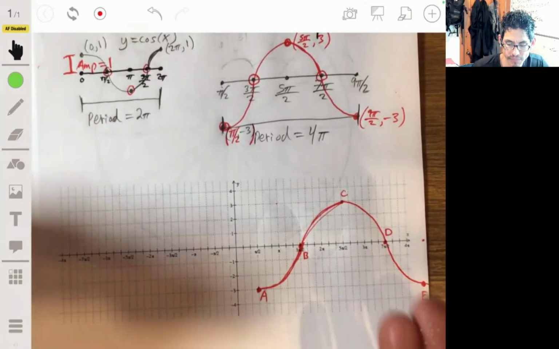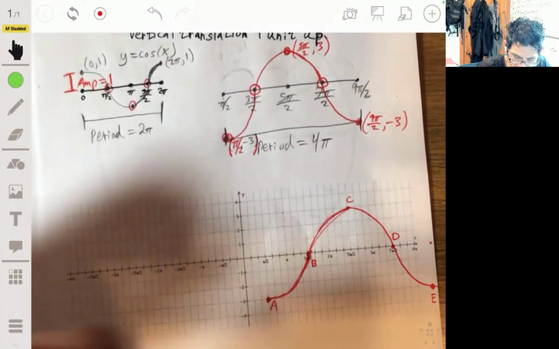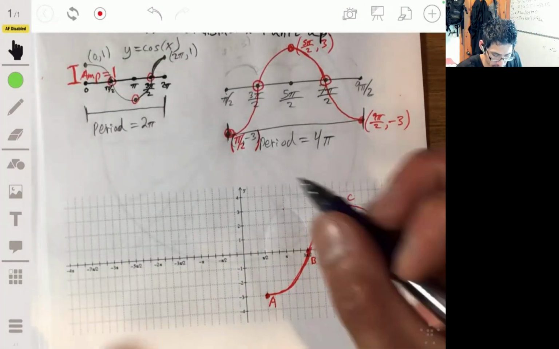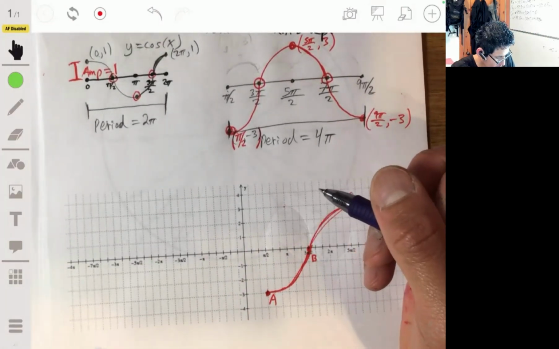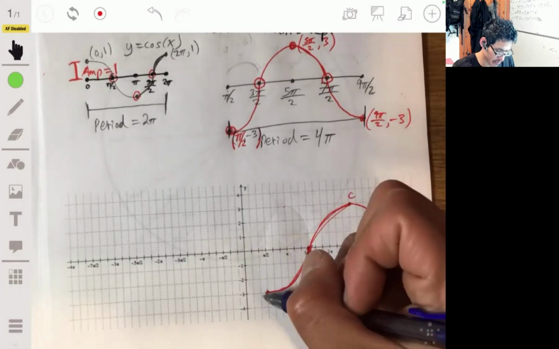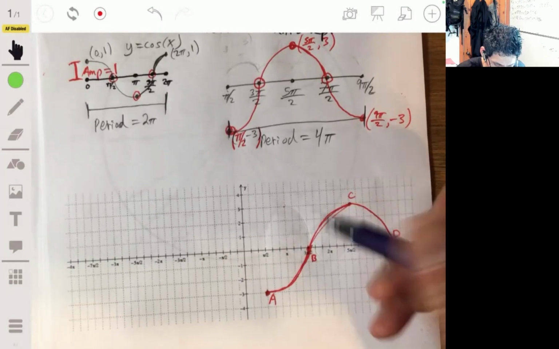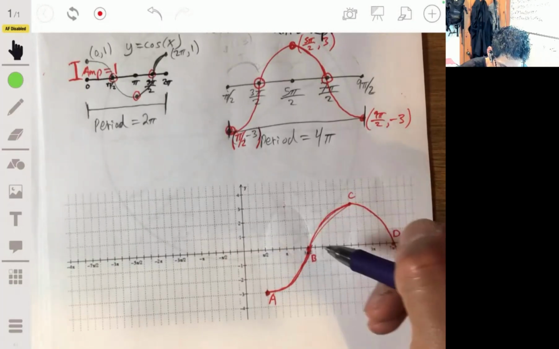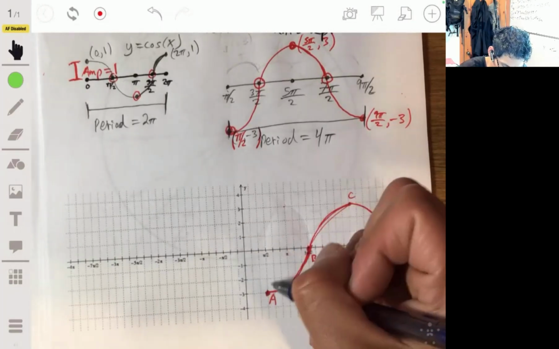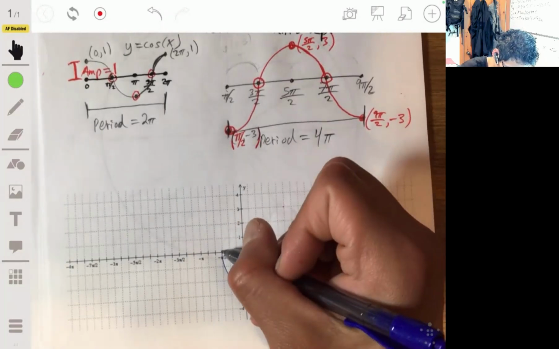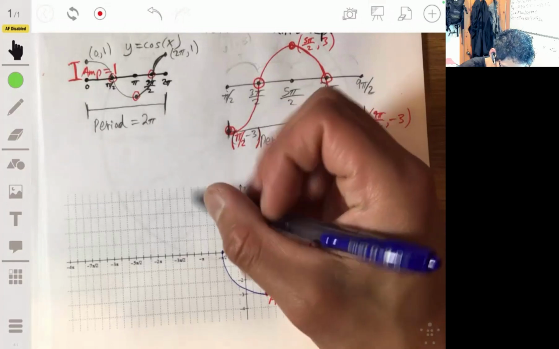That'll be your graph. And remember, you can still continue, you can still cycle through it on the other end. So instead of being here, you can move it on, or you can just keep on going. See, pi over 2, 3 pi over 2, working this way. Right here. Up 3, all the way there.